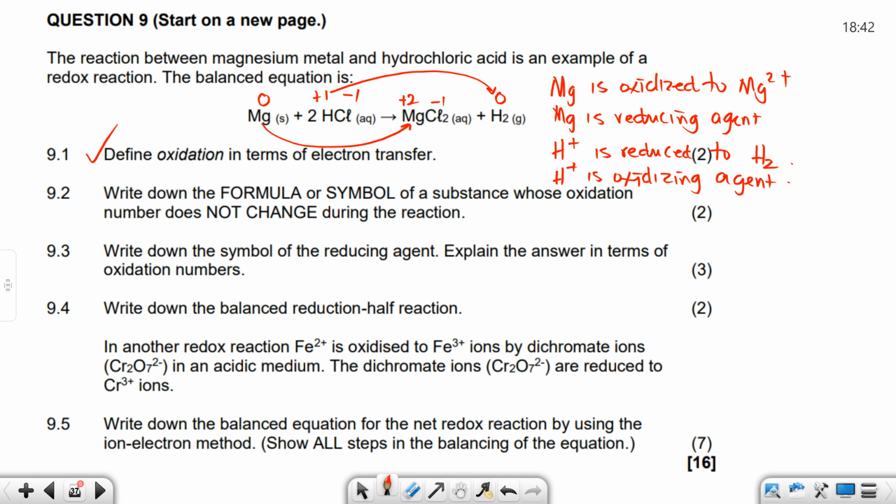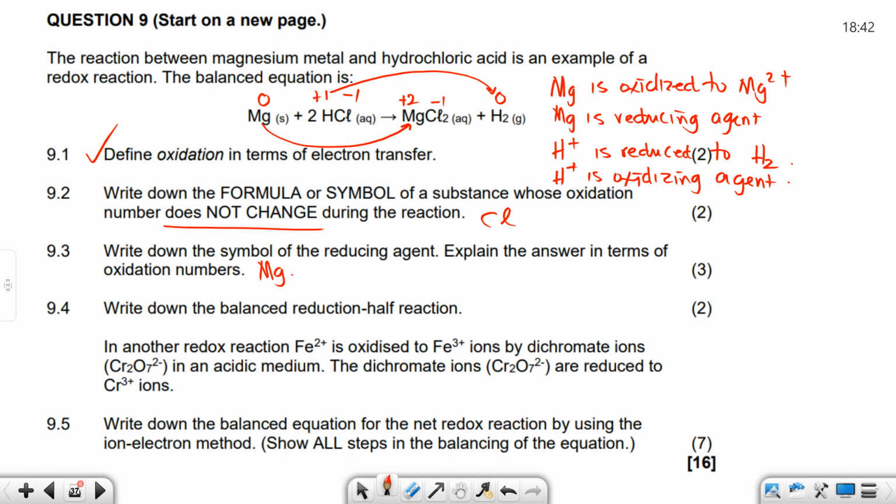This one is done. Write down the formula or symbol of a substance whose oxidation number does not change. Do you notice? Which one? Cl. It was -1 before and -1 after. Write down the symbol of the reducing agent. I'm done. What is it?